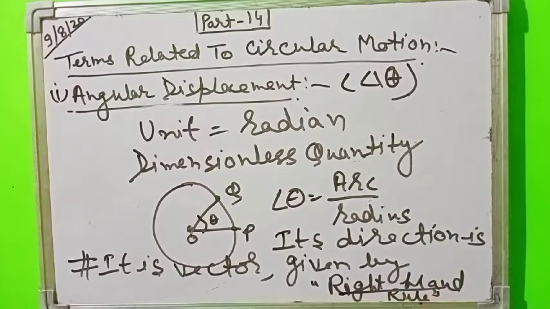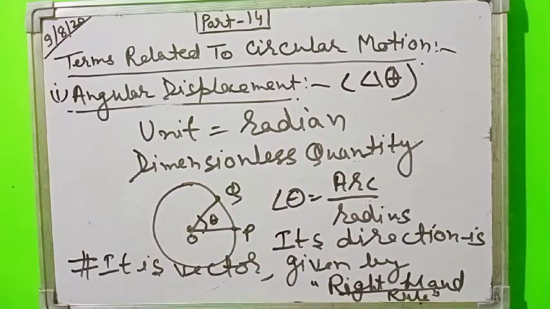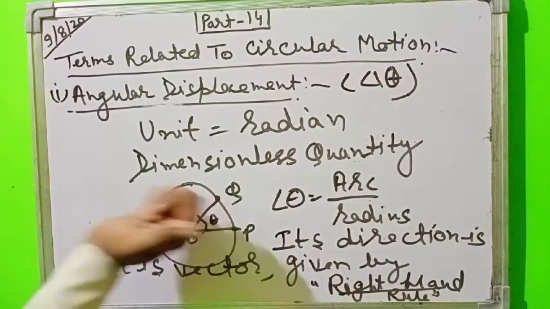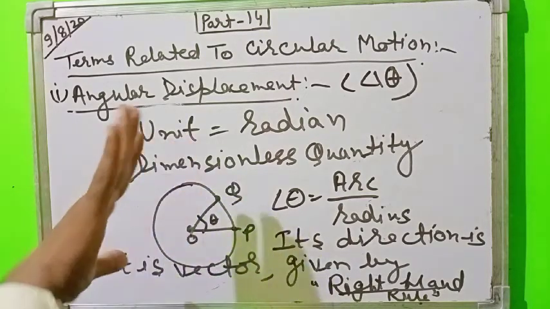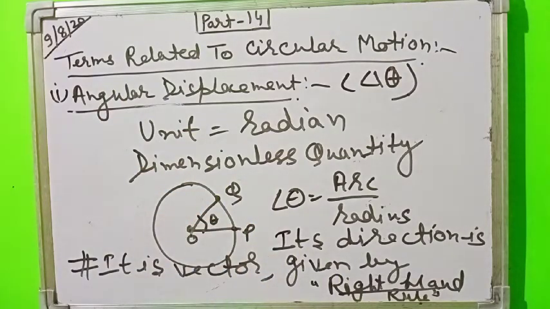Direction is given by the right hand rule. Suppose this is your right hand, its direction is outside the plane. Suppose it is moving from Q to P, then its direction will be inside.